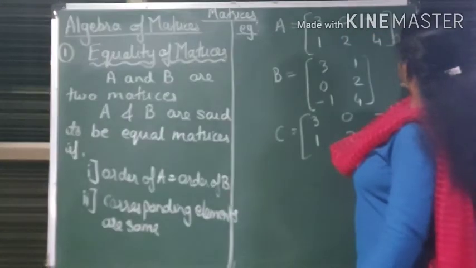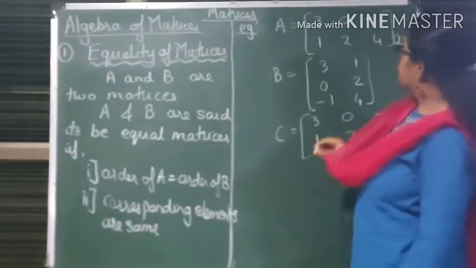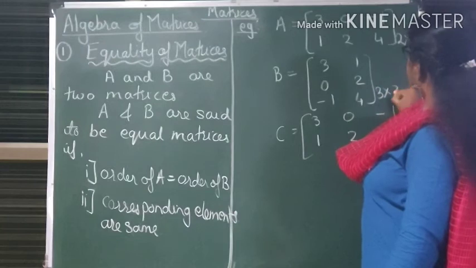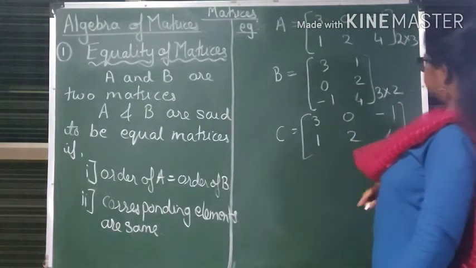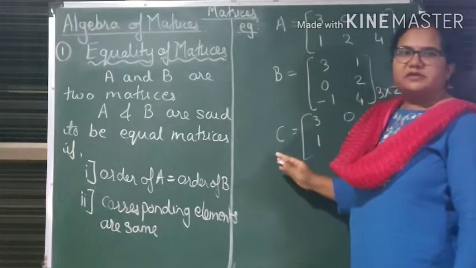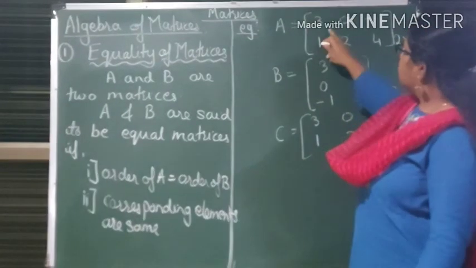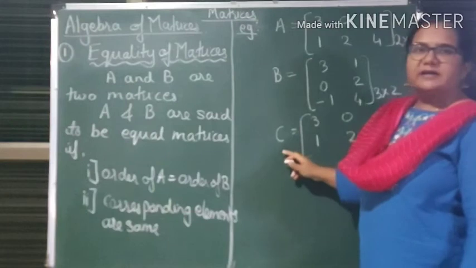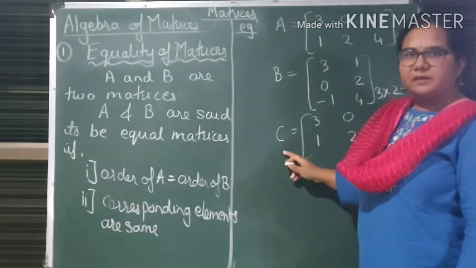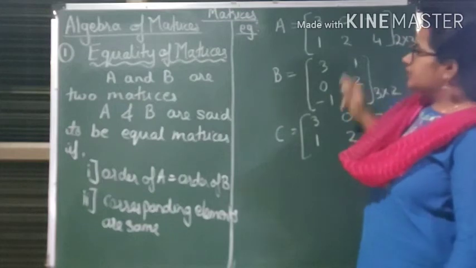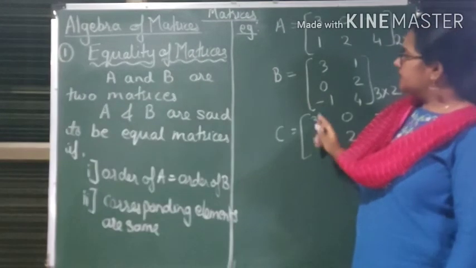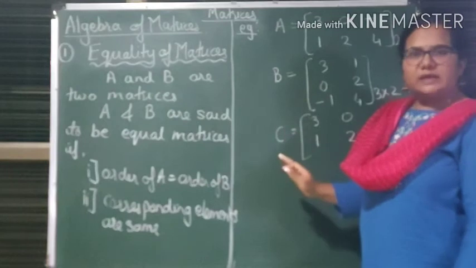It is 2 by 3, 2 rows, 3 columns. Here it is 3 rows, 2 columns. And here it is 2 rows, 3 columns. So, if you look at these three matrices, you can see that the order of matrix A and the order of matrix C is the same. Now, is the order of matrix B equal to A and C? No. That means B is not equal to any of the matrices.